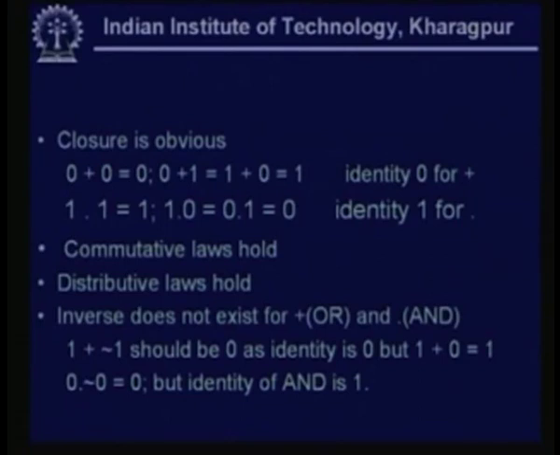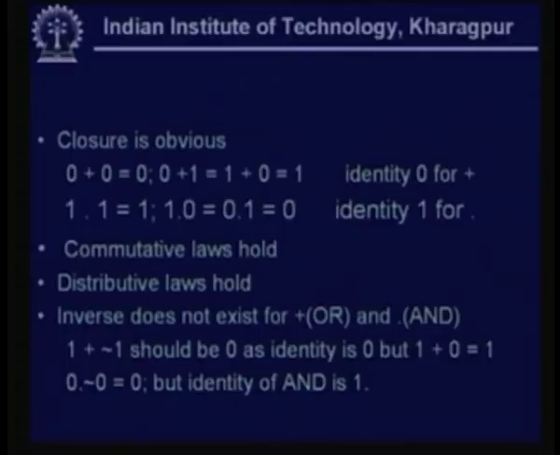Now, we see how the rules are applicable. Just now we have discussed the rules, the properties or postulates we have mentioned, and the first one is closure. If we take plus and dot as the operators, then closure is very obvious. See that here the two elements are only 0 and 1.